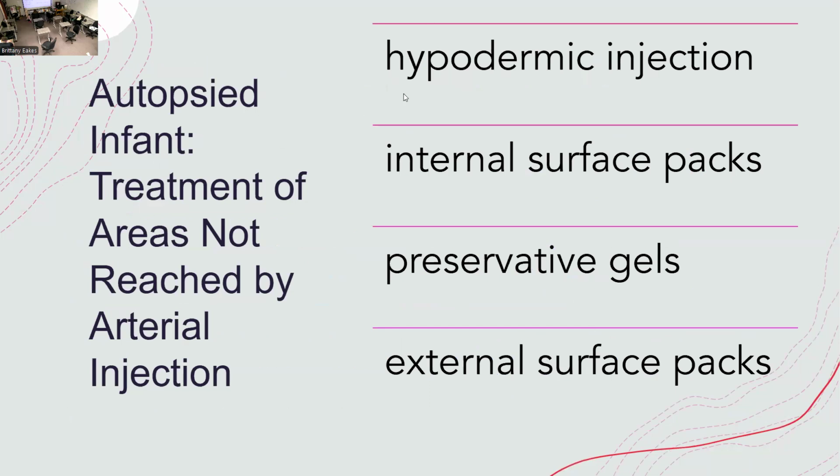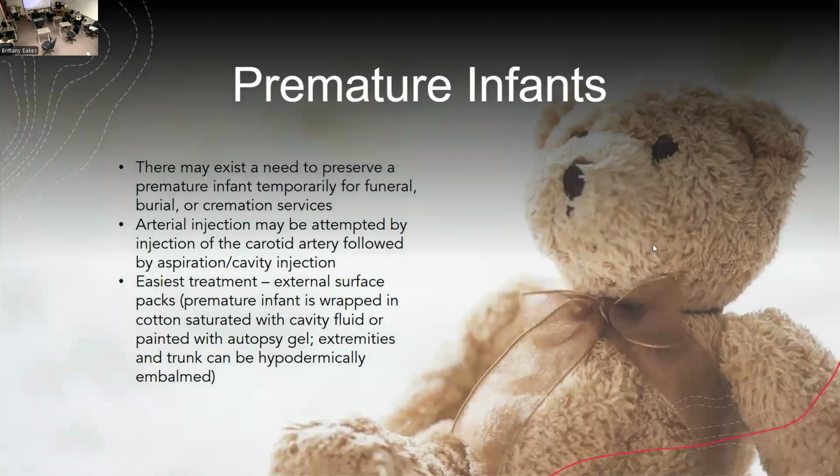For an autopsied infant after arterial injection, you employ hypodermic, internal and external surface packs, and preservative gels. When you have a premature infant, there may be a need to preserve temporarily for funeral, burial, or cremation services.